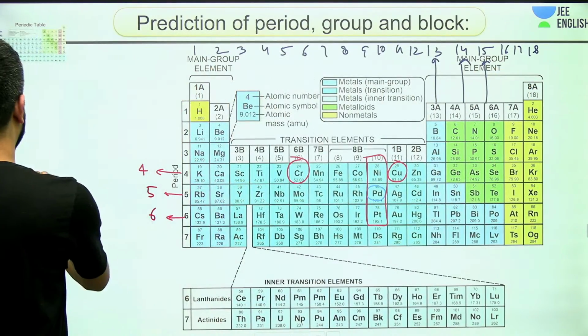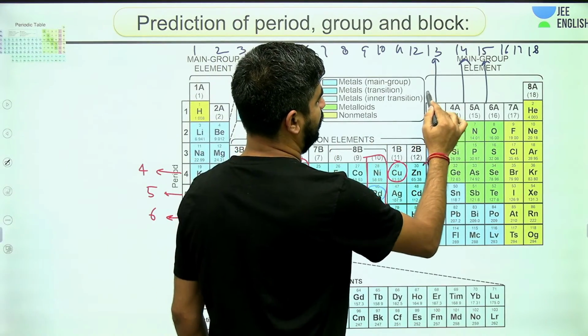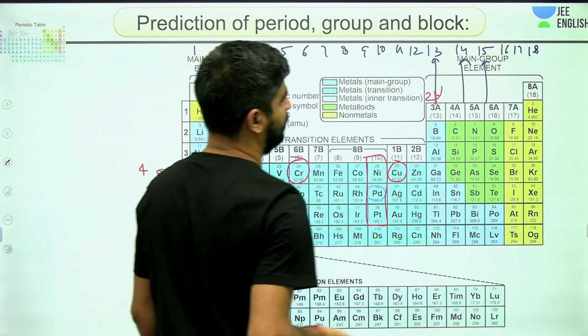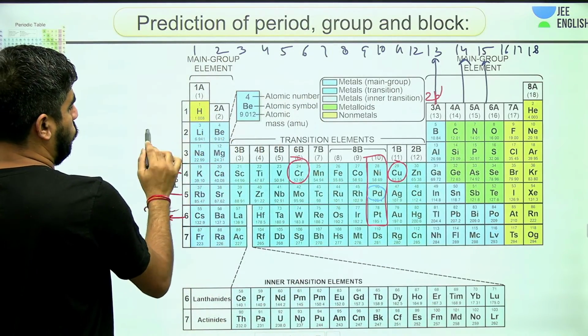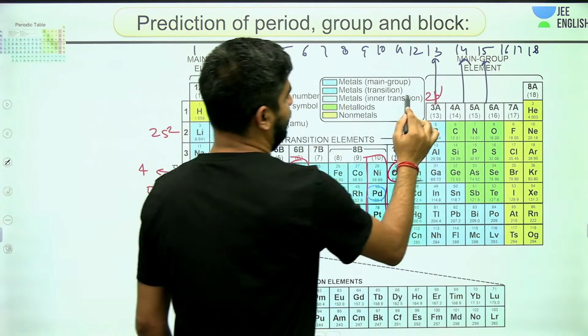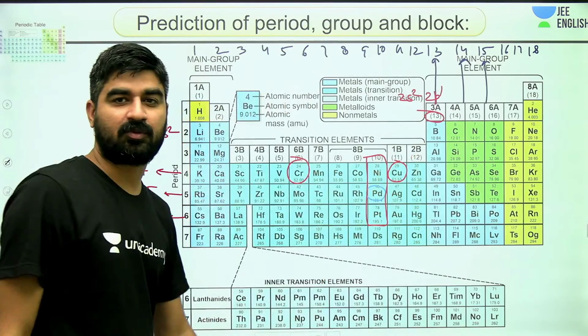And if I write the configuration here, it would be ns2 np1, so 2s2 2p1 for boron I'm talking about.